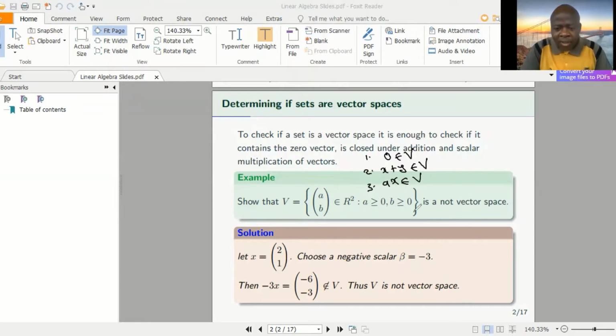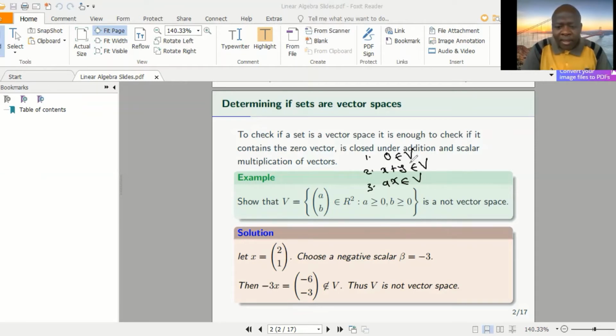But if it's not a vector space, as the question says, just think of which of these properties is not satisfied and give us that. You don't need to give us all three properties. Just think of one that you believe will not be satisfied by this set. That is the one you give us.